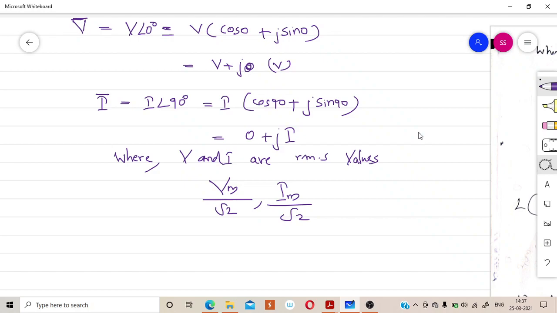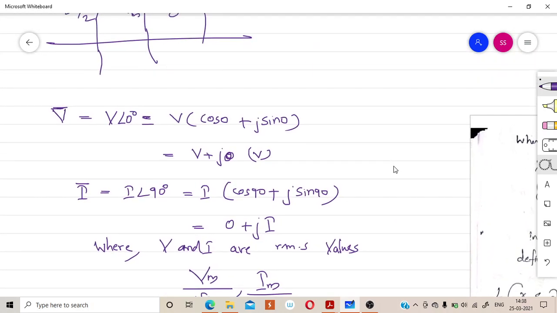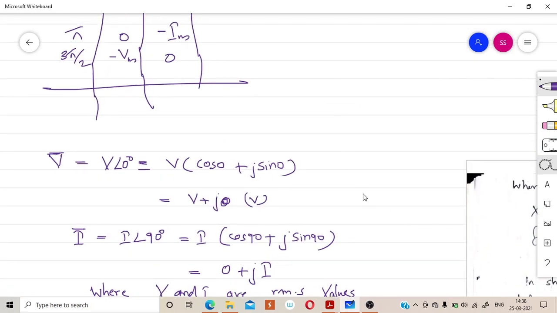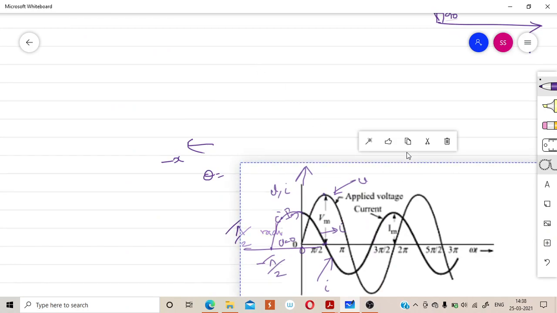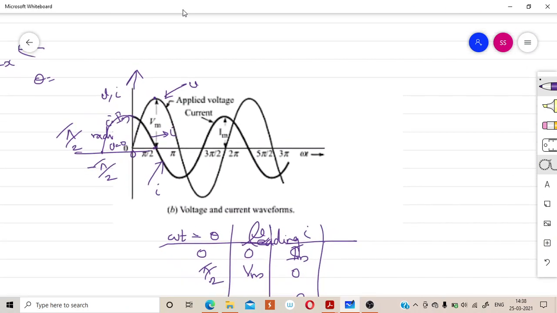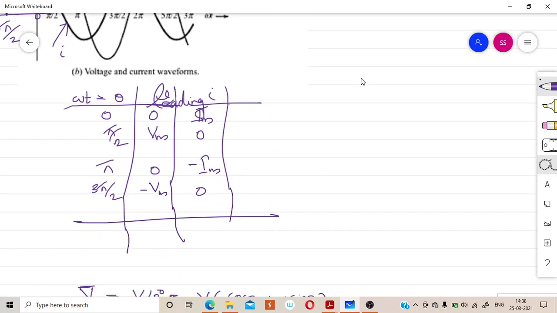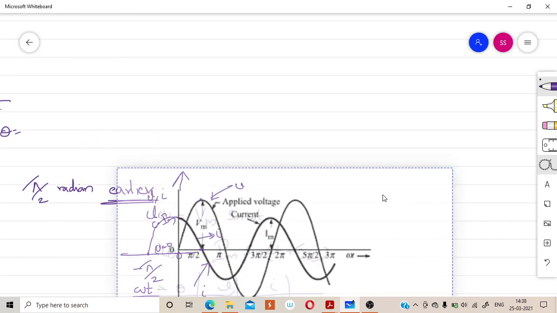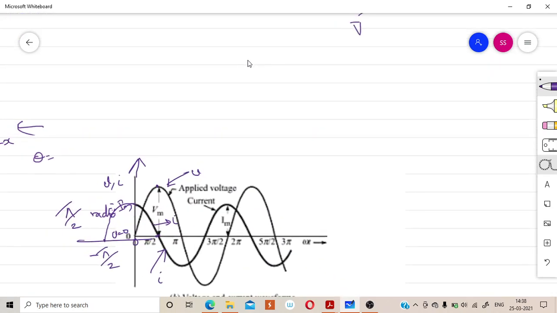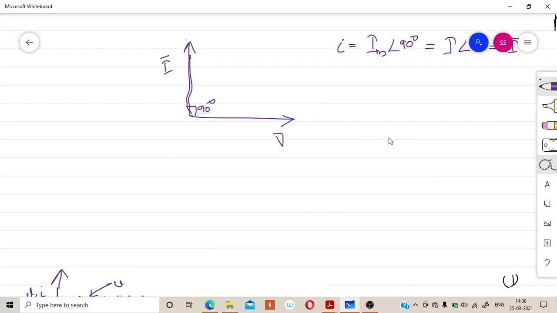Okay, so now we have the maximum value of current Im of the circuit from equation 2.